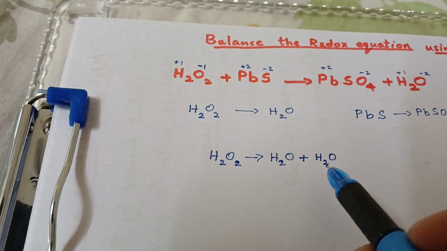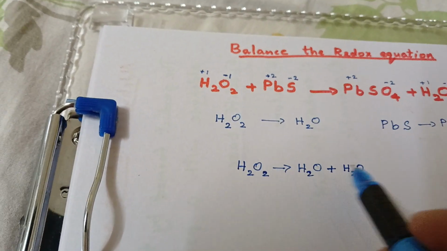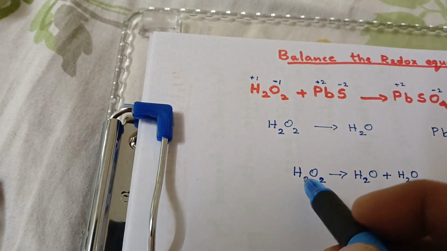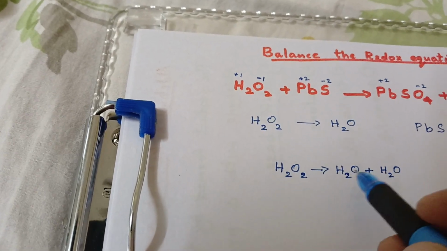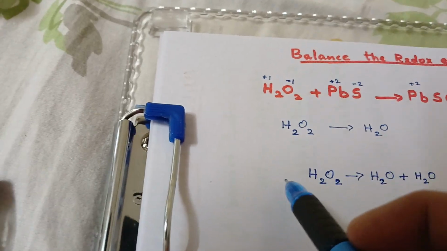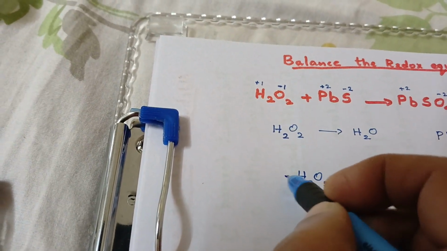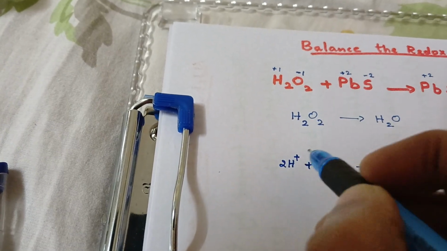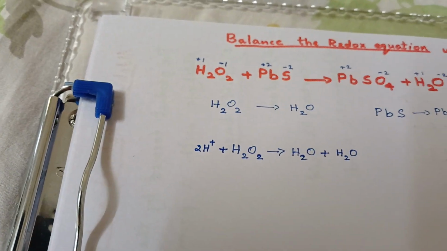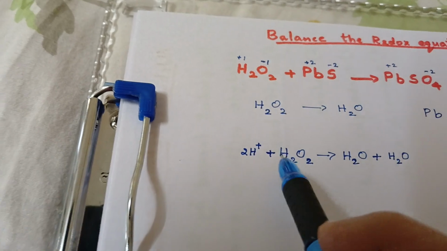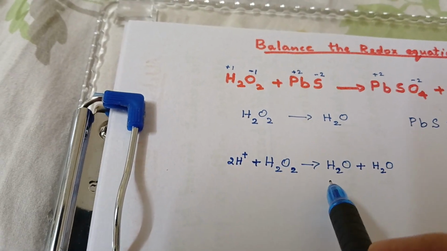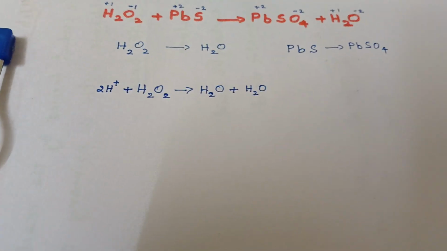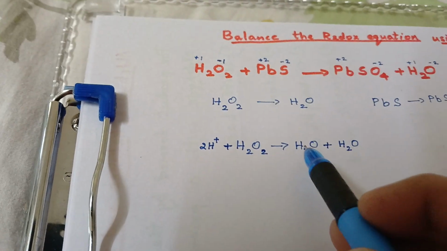Now let us look at the number of hydrogens. Oxygens are balanced. Hydrogen, 4 hydrogens on the right hand side and only 2 on the left hand side. So we can add 2 H plus ions. That is how we add more hydrogens, by adding H plus ions. So atoms are all balanced. Now let us look at the charges.